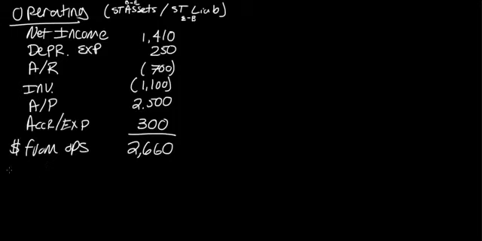Next, we're going to look at the investing section. And if we think about our investing section, that was what? Long-term assets. And if we look at our long-term assets, we have two. We have the fixed assets, which have no change from beginning to end. We have the accumulated depreciation, which we've already taken into account above with depreciation expense. And we've got land. And you can see that, again, following the short-term assets, beginning minus end, 800 minus 300, that's a 500.